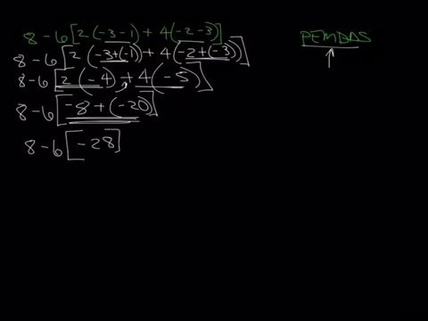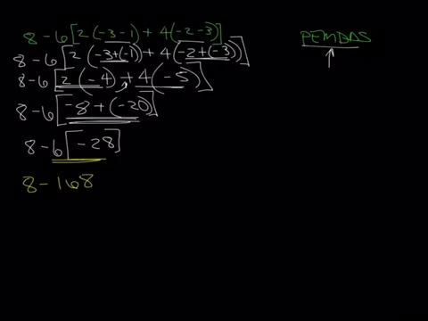Okay. Now all I have to do is, well, PEMDAS says we're going to continue multiplying, and this 6 is being multiplied there. So 8 minus 6 times 28. So 6 times 30 is 180, minus 12 is 168.